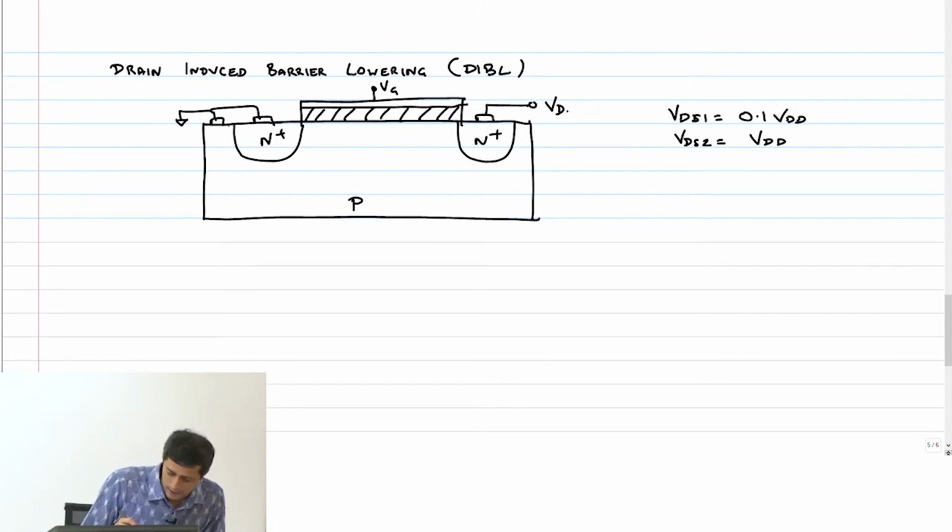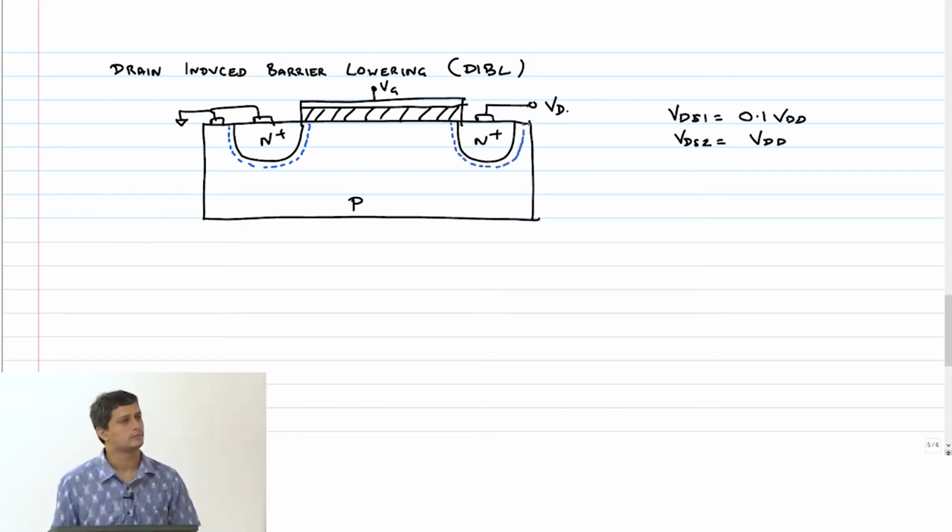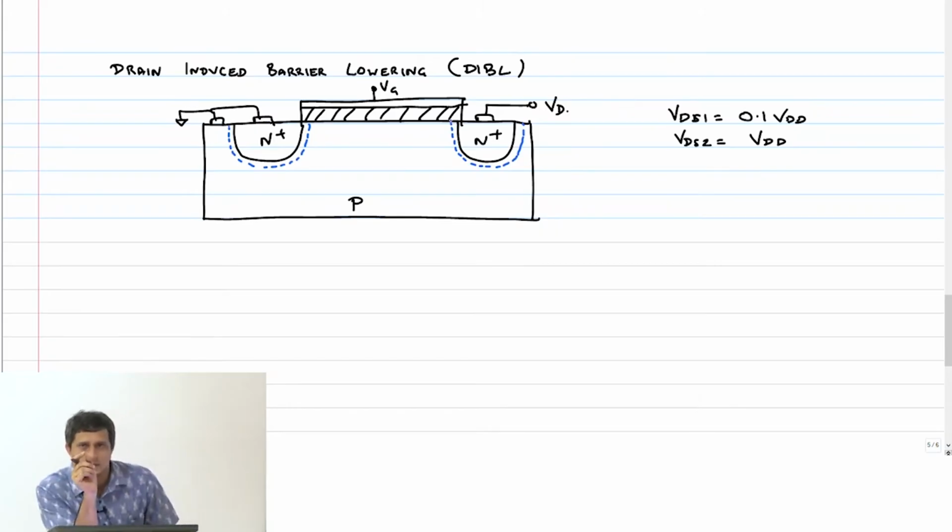And the reason for that is, of course, this depletion region is sitting here. Now this depletion region's width or depth doesn't go far into the channel, so therefore it's negligible and the effect of this VDS is not seen on the threshold voltage.